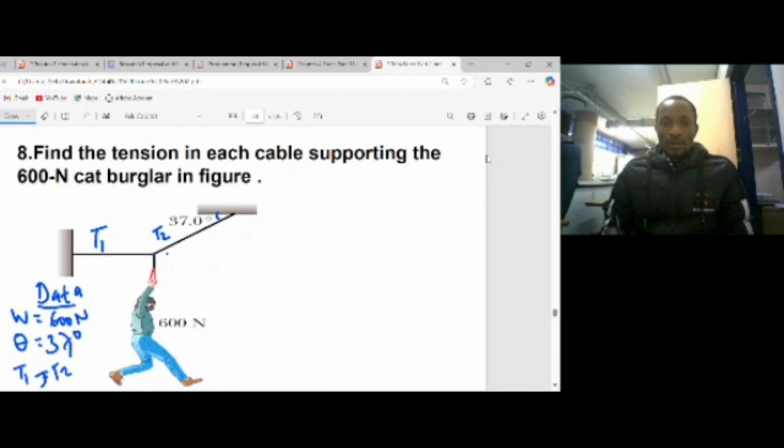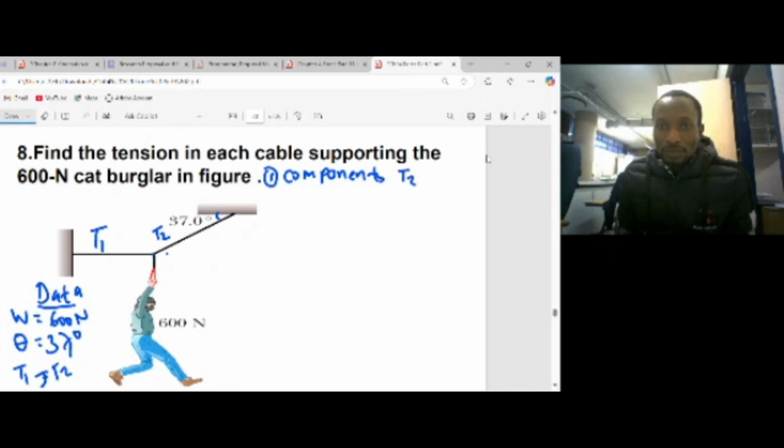Now if you look at T2, it makes an angle of 37 degrees with the surface, so it has two components, x and y components. The first thing that you are going to do is to write the components of T2.